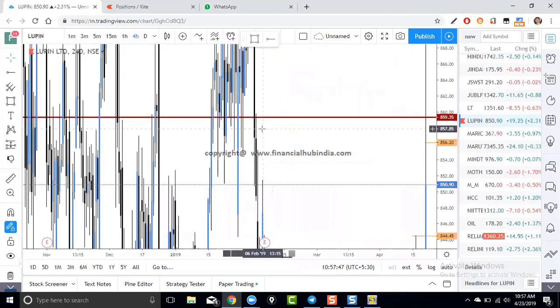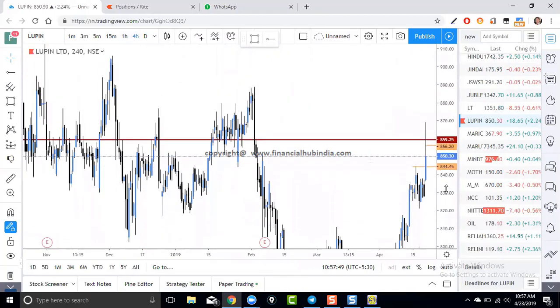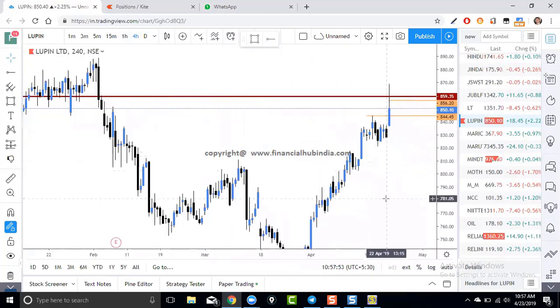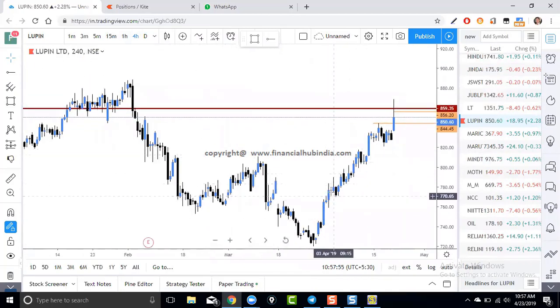As you can see in the 4 hour time frame, the higher time frame, we have a strong uptrend towards the upside. A little bit of bounce over here.